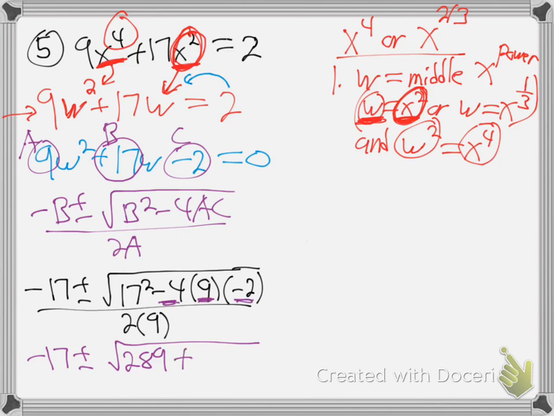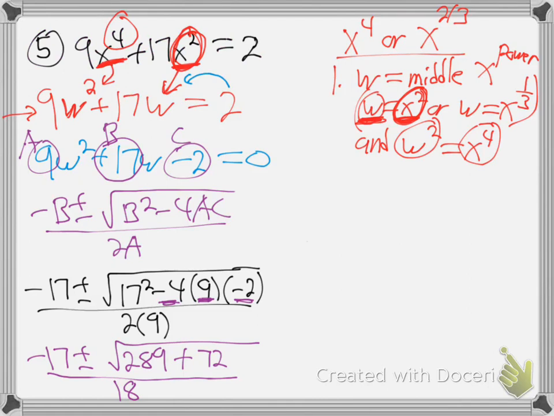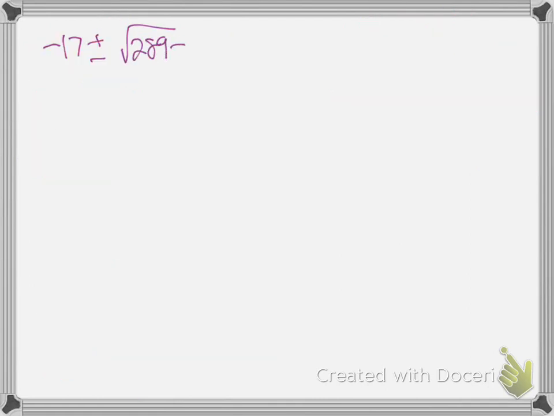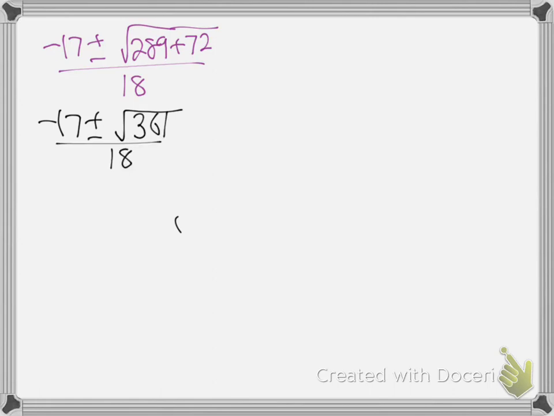Two negatives, positive, 72 over 18. Okay, so let's go to a fresh screen. So I got negative 17 plus or minus the square root of 289 plus 72 all over, was it 18? Yeah. Okay, so keep going, minus 17 plus or minus, add those in my calculator, 361 all over 18.